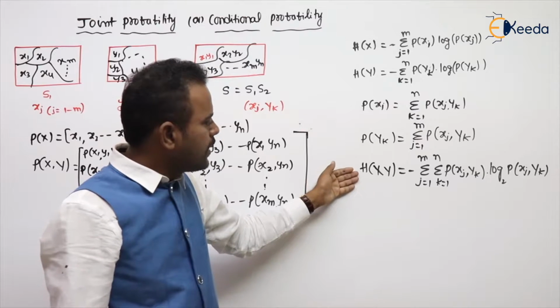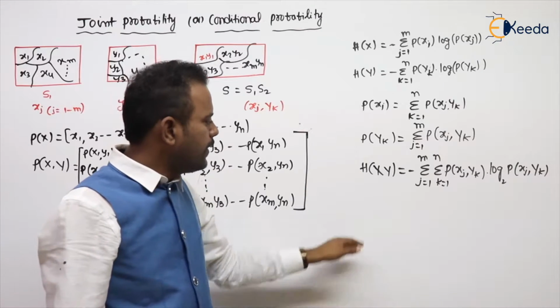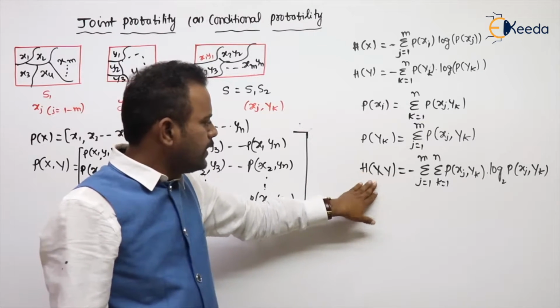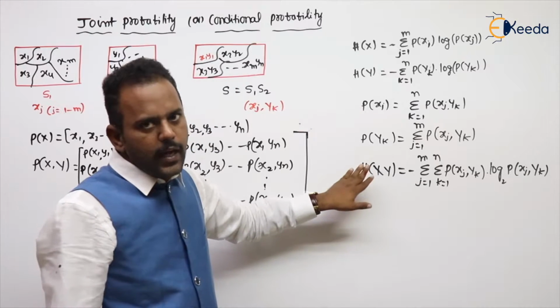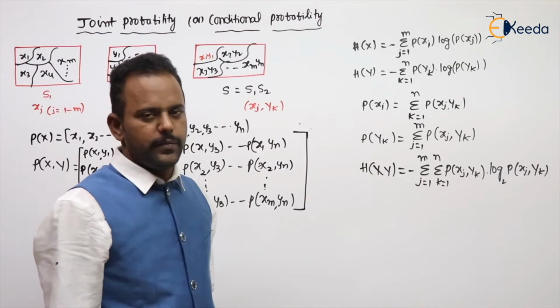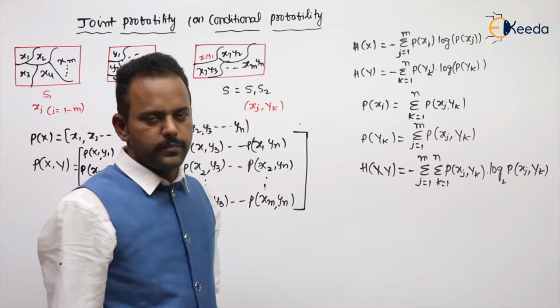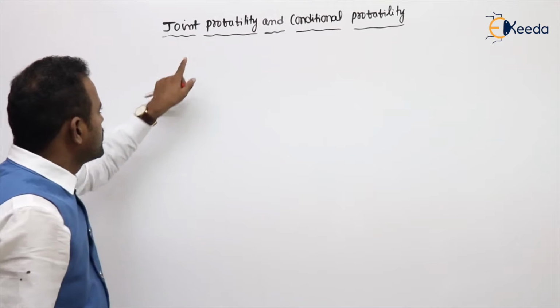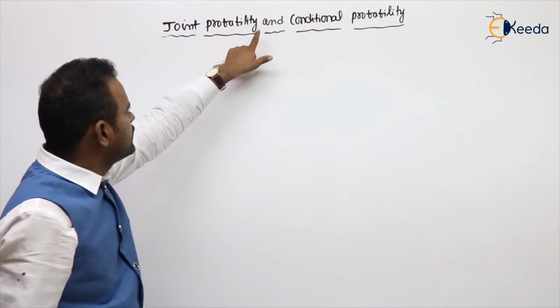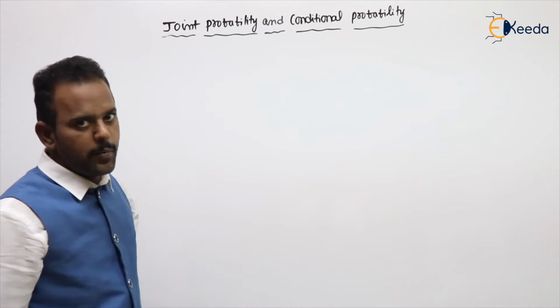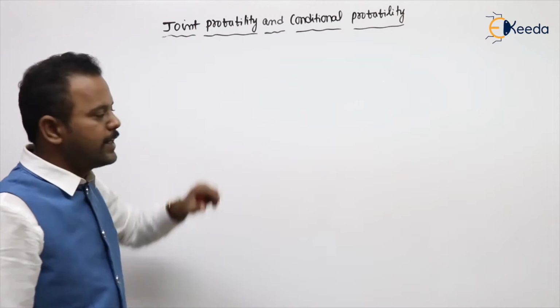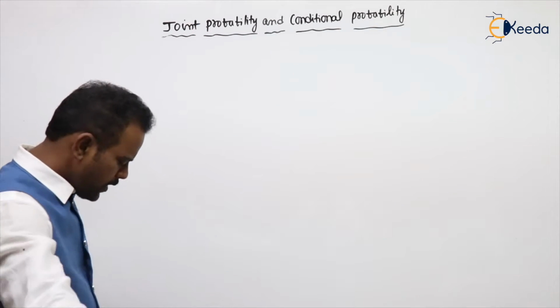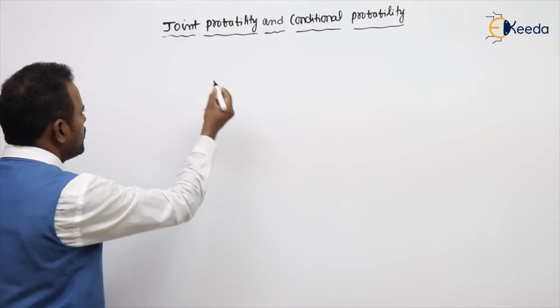Let me extend this one and we'll get the formula for the entropy of the joint probability matrix. Clear? See, by mistake in the previous slide I wrote joint probability or conditional probability, but joint probability and conditional probability are both different.